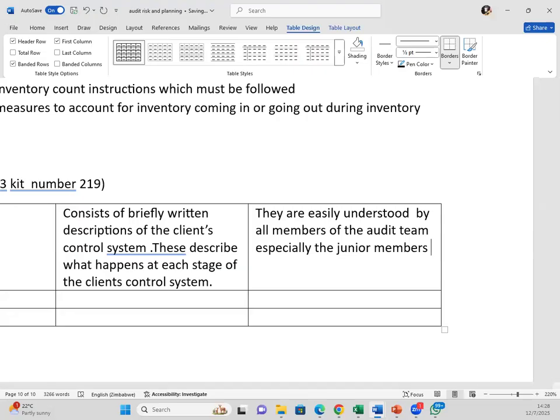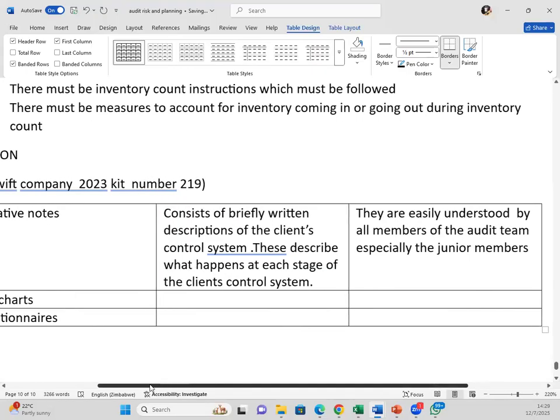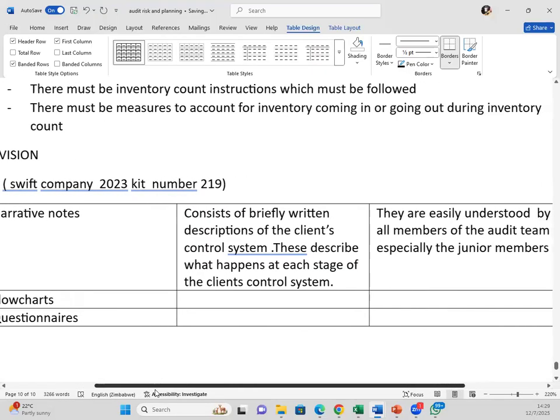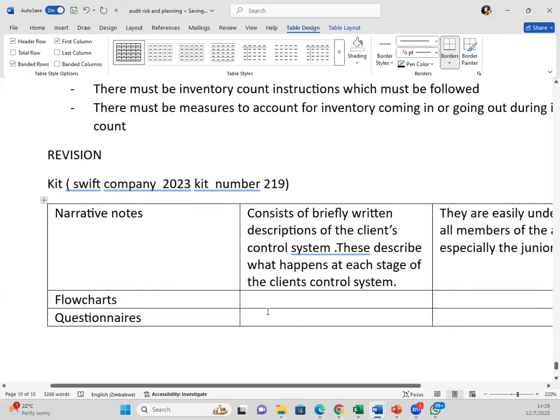So if we are going with the juniors, they also need to understand in this organization where we are auditing, what controls are there in place. And the juniors will easily understand if we use narrative notes than to just give them the diagrams in the case of a flowchart diagram.